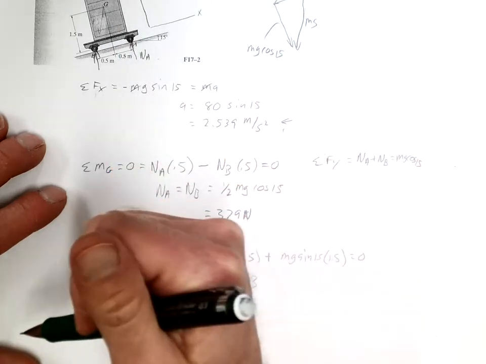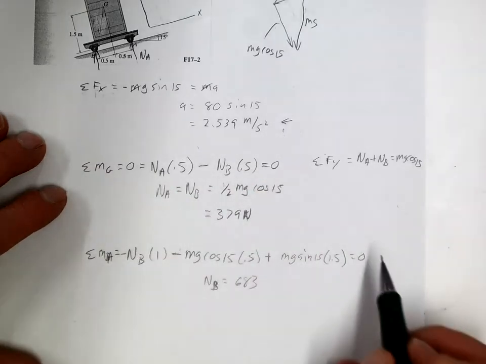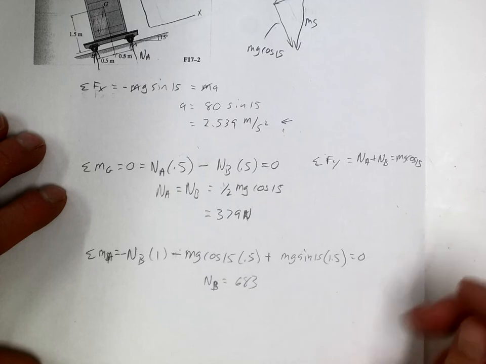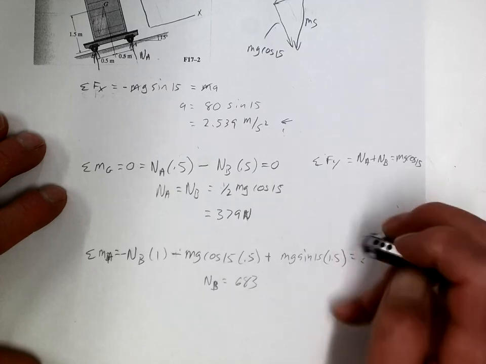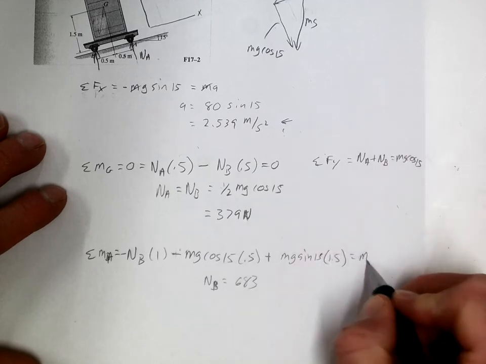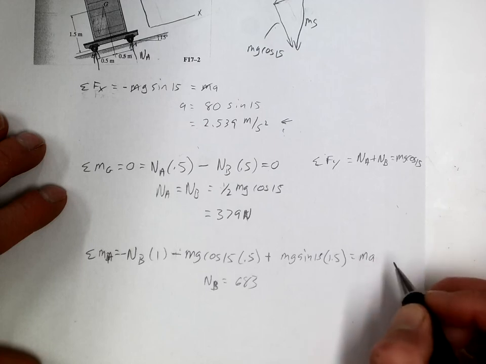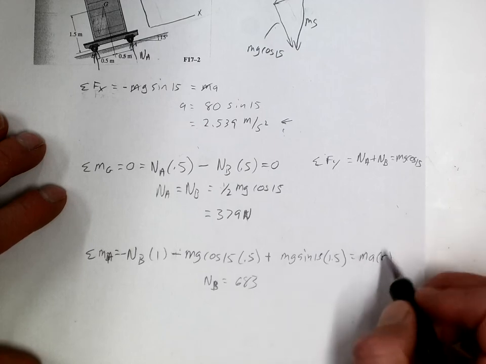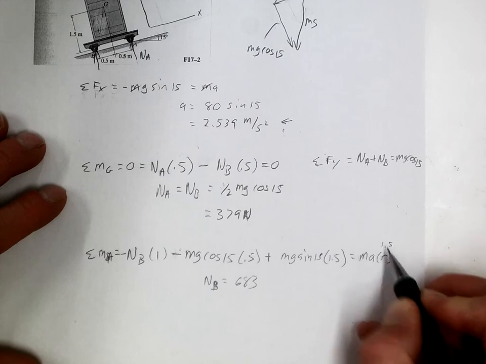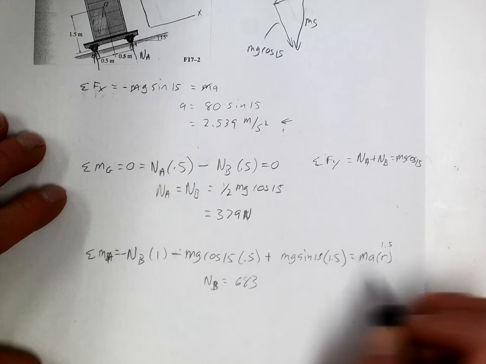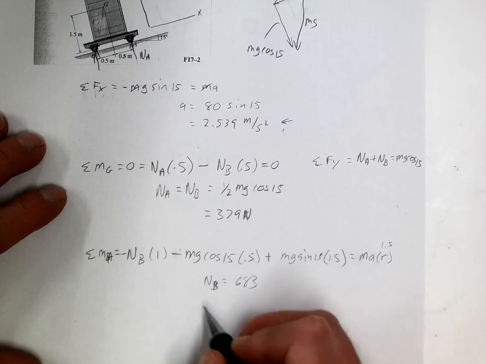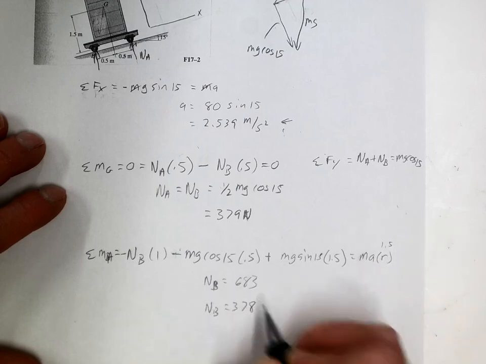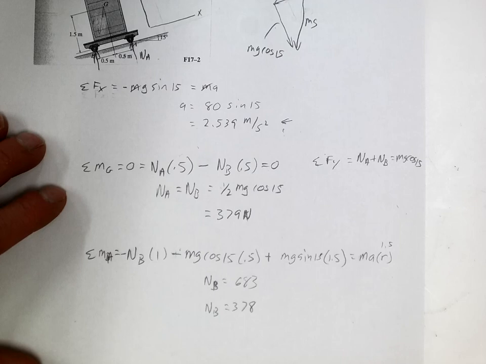So instead of making it equal to 0, what we want to do is make it equal to the mass times the acceleration times the distance r, which is up there. So this is going to be 1.5. Now if we put all that back in there, we get NB is equal to 378. There's 379.